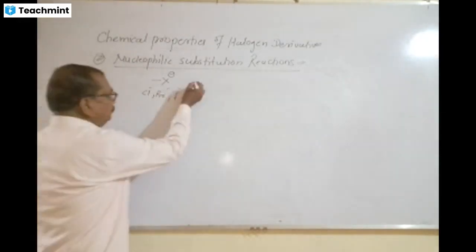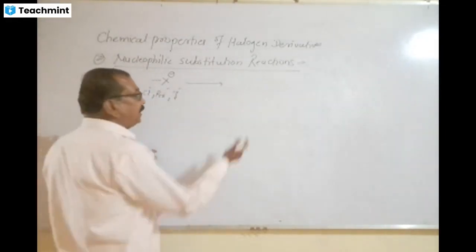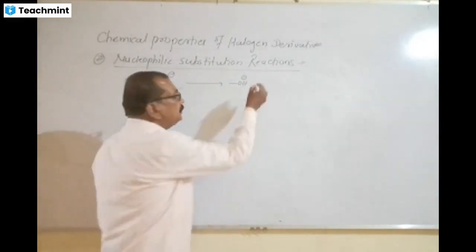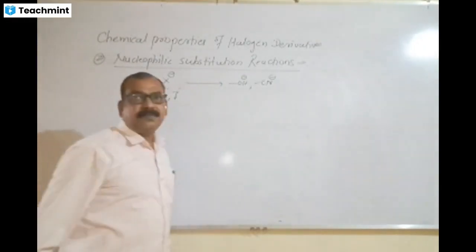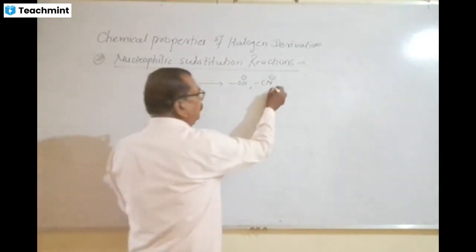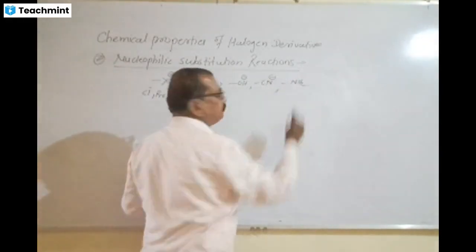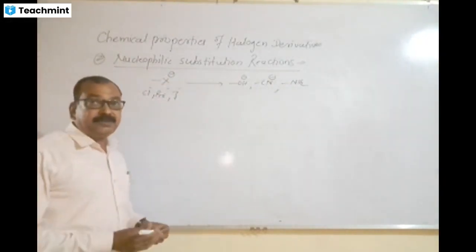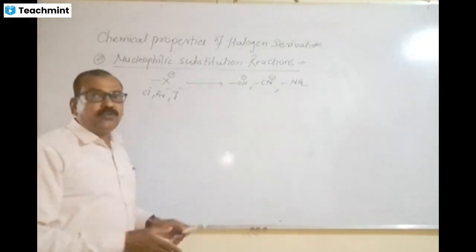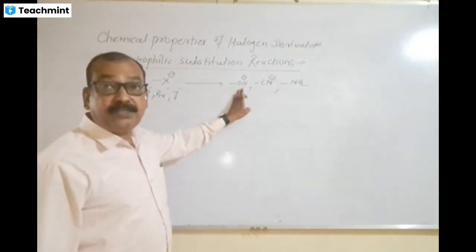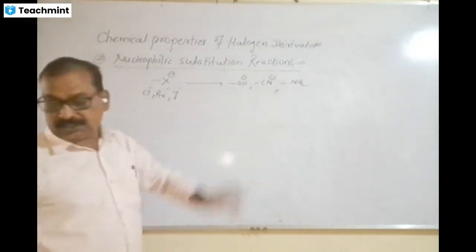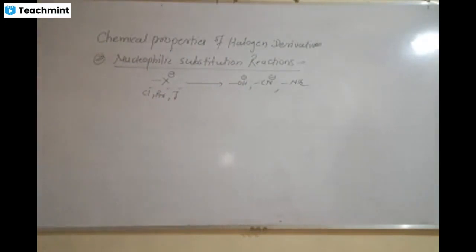And in this reaction, the halo group is replaced by such type of group. There is an OH group, negatively charged OH group, Cl group, NH2 group. Hence, the reaction is known as a nucleophilic substitution reaction. In this reaction, we remove the halo group and join another nucleophile to it. Now we need some examples of these nucleophilic substitution reactions.